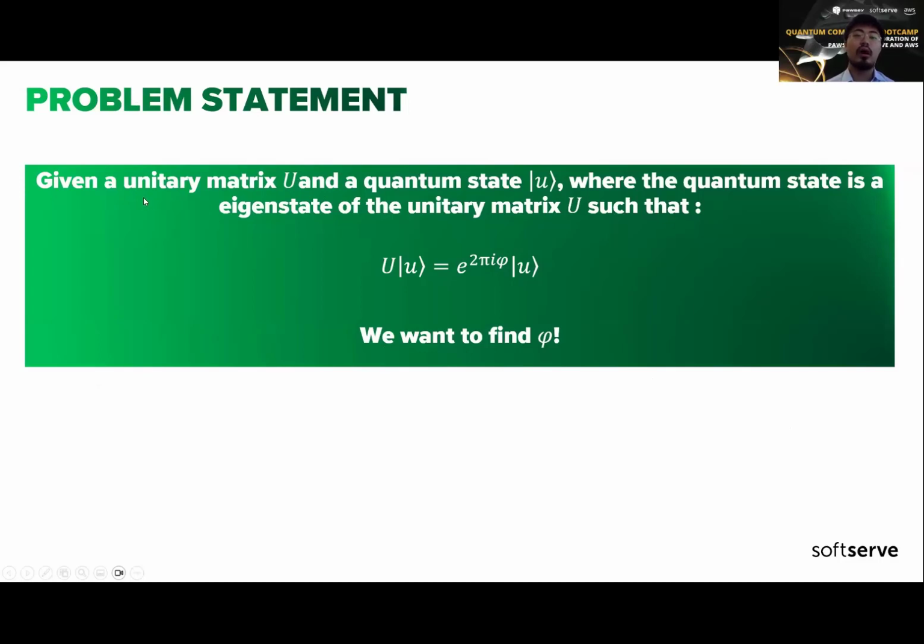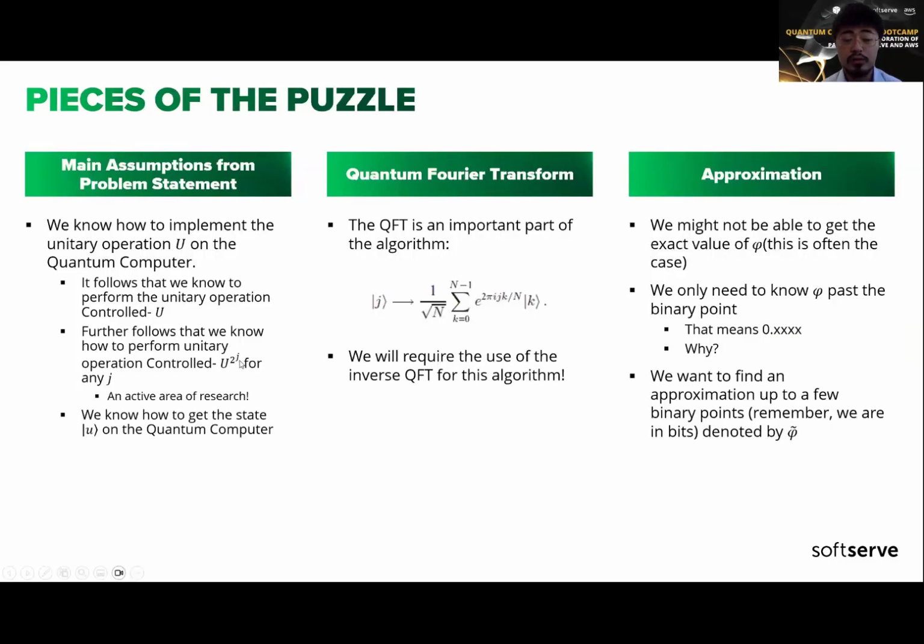Given that we know how to implement unitary matrix U on the quantum computer, we can then implement control U as well as control U to the power of j. Over here, there are many methods to do so that we're not going through.